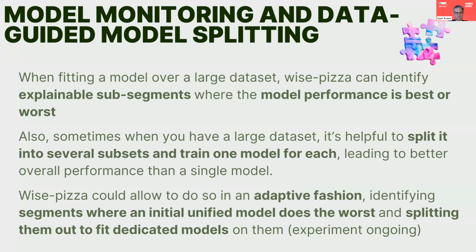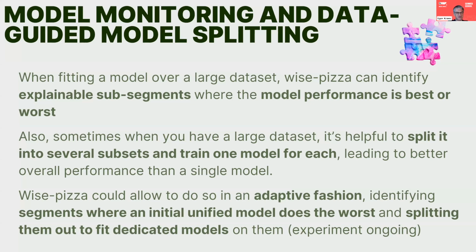It can get more fun. Namely, when you have a very large data set, sometimes it's helpful to split it into several subsets and train one model for each. Sometimes that gives you better performance than a single model, because a model that's constrained to a well-chosen subset can be forced to focus on that subset's features and therefore perform better.